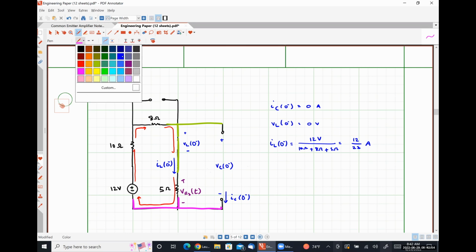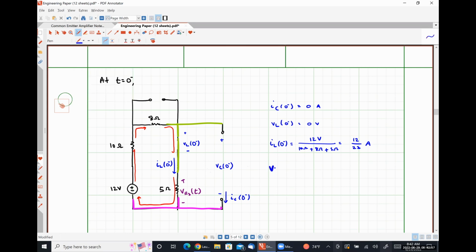So using Ohm's law, VC of 0 minus is going to be 5 ohms times 12 over 23 amps, which is going to look like 60 over 23 volts.